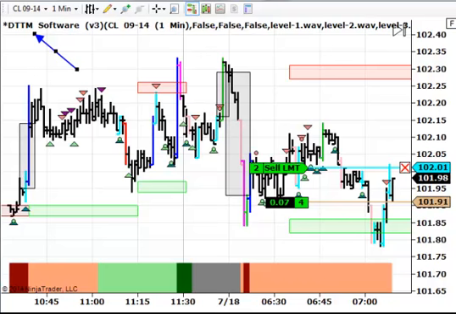I usually like to exit half of the position at what I consider to be a reasonable profit. And looking at this crude, I consider about 10 ticks to be a reasonable profit, and then go for a break even or approximately a break even on the second half of the position once that's reached. So that's really the thinking here on why this trade is in existence.